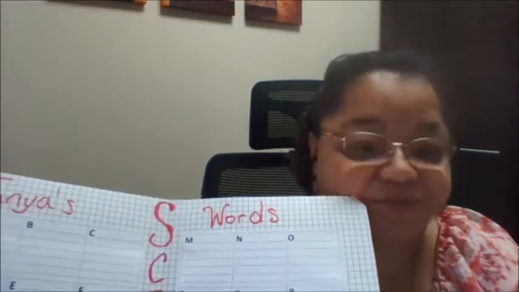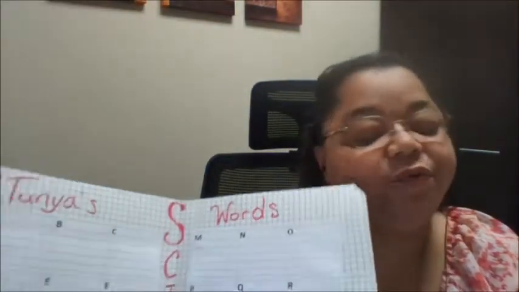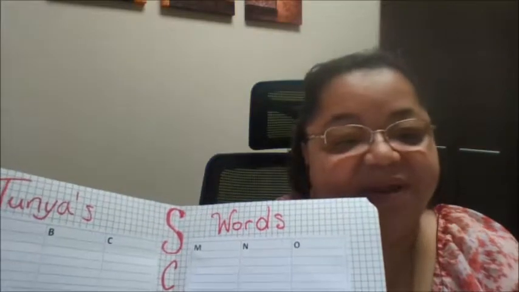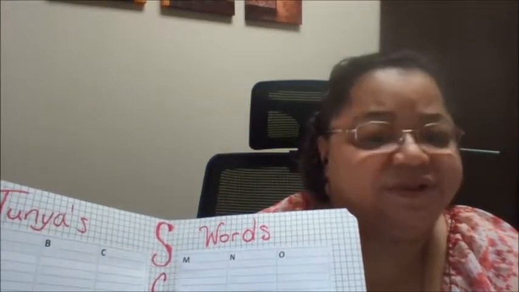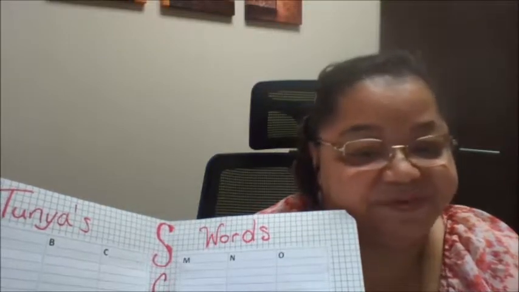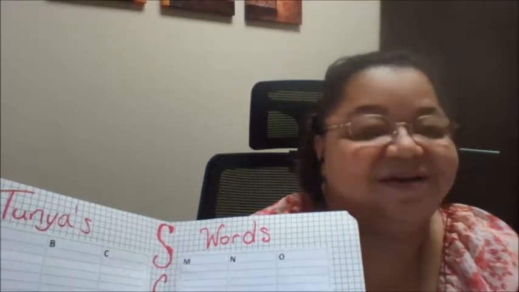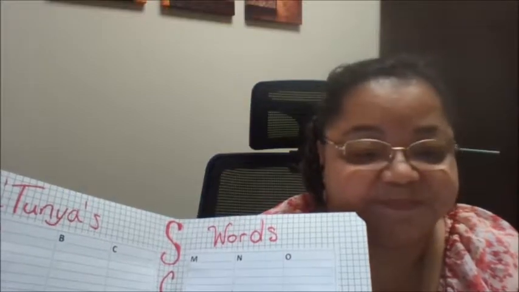And what the students do is, as they learn new words, they put only the word on their word wall. But in their interactive notebook, they should have the word, the definition, and a non-linguistic representation or illustration of the word and what it means.